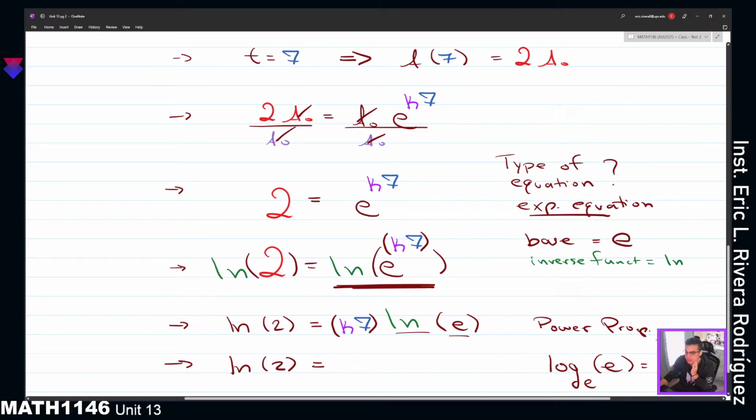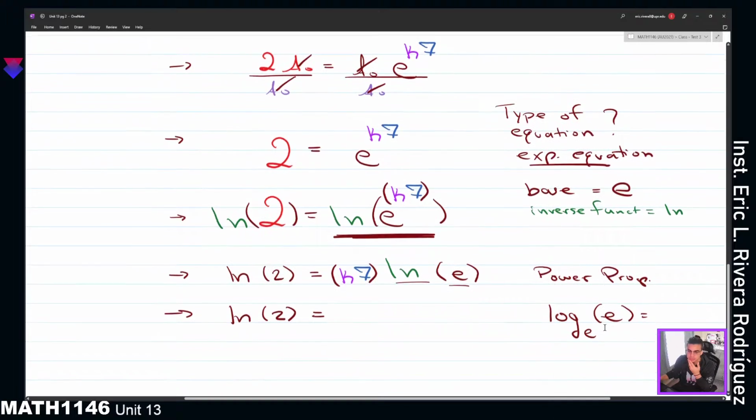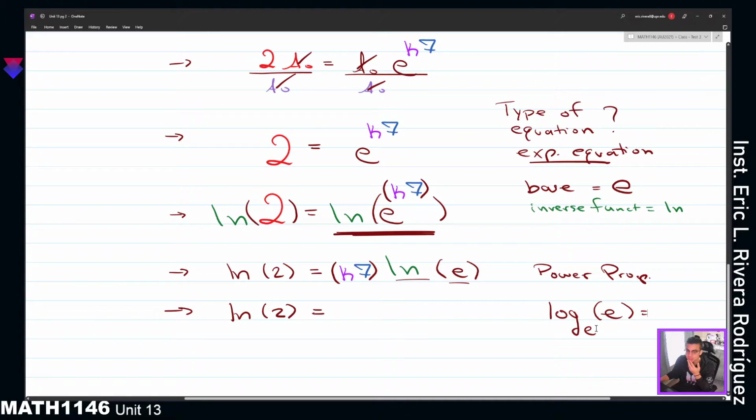What is the value of this? 2.7 is the value of e, but I want to know the value of log base e, or natural log of e. What happened here? What happened when the base of the logarithm is the same as the argument?